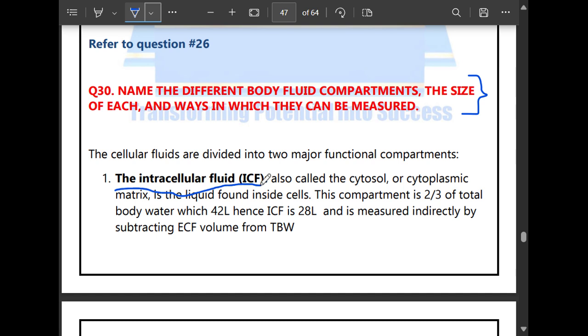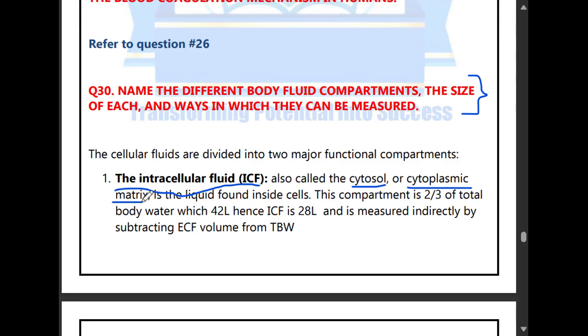When you're talking about the intracellular fluid, this is also known as the cytosol, or cytoplasmic matrix. The intracellular fluid is the liquid which is found inside the cell. This particular compartment is two-thirds of total body water.